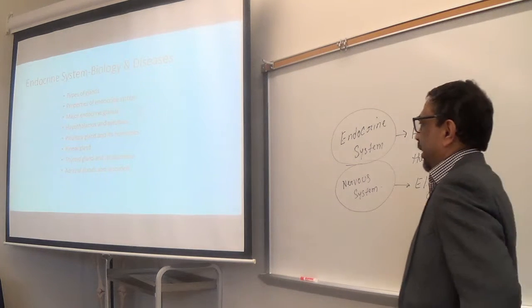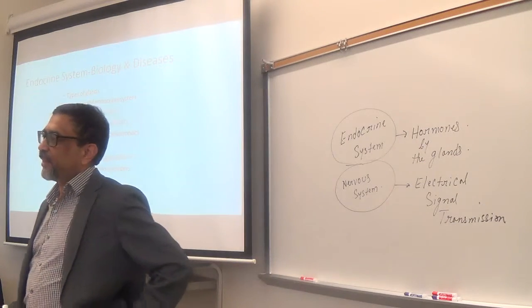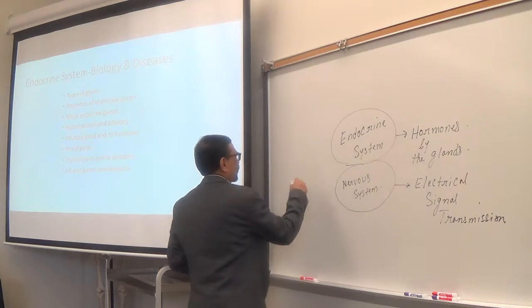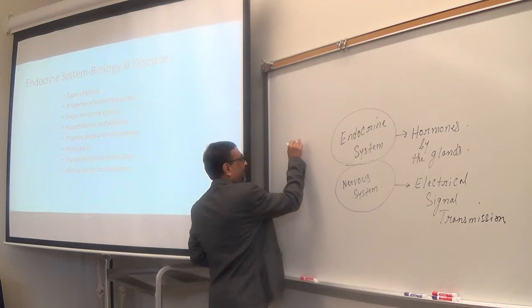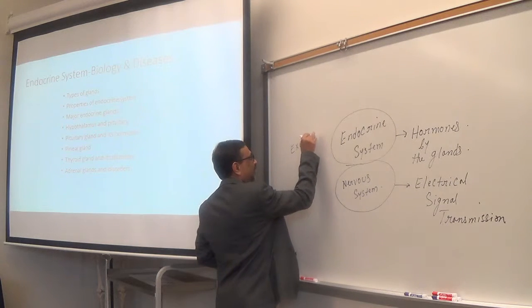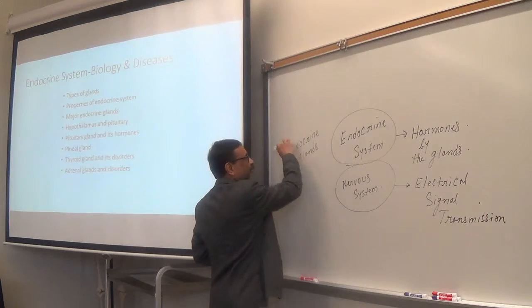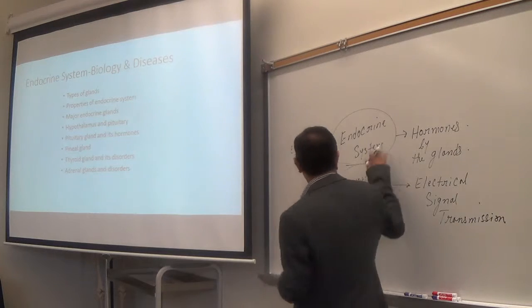Now, the glands of your body could be two types, exocrine and endocrine. These are two types of glands. Okay?